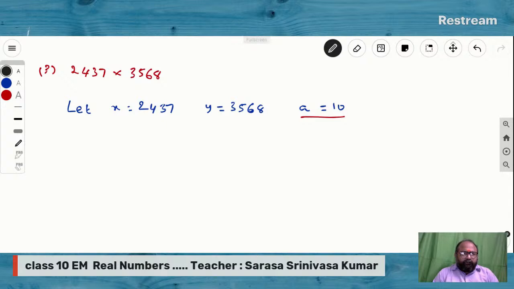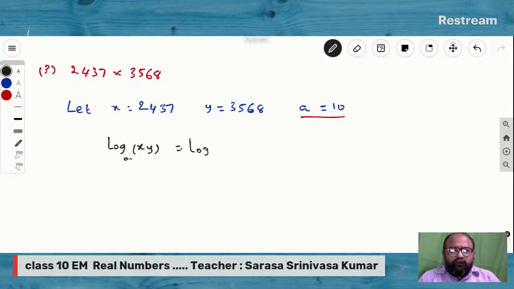Now we note down the formula: log xy to the base a equal to log x to the base a plus log y to the base a.